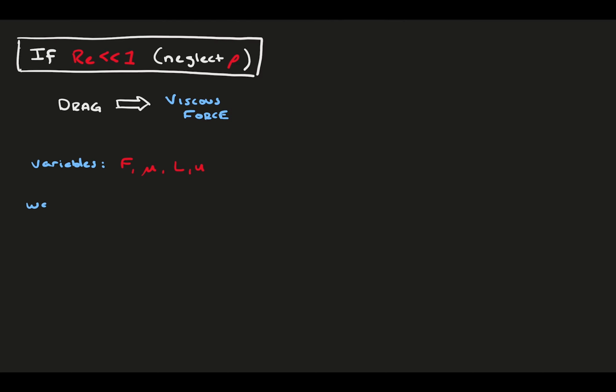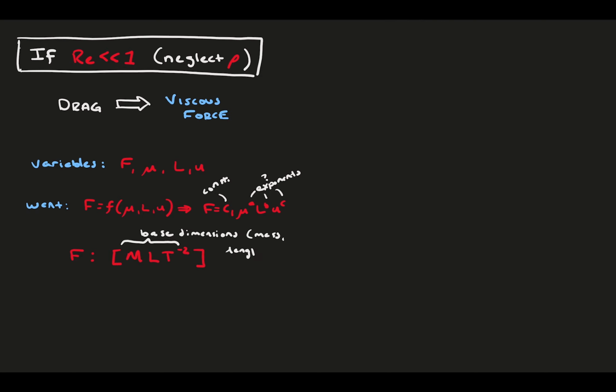Our goal is to get the drag force as a function of the other variables within a constant. So you set up the general equation where each variable gets an unknown exponent. Now, we only need to make sure that the base dimensions, mass, length, and time, on the left-hand side of the equation match the base dimensions on the right-hand side.